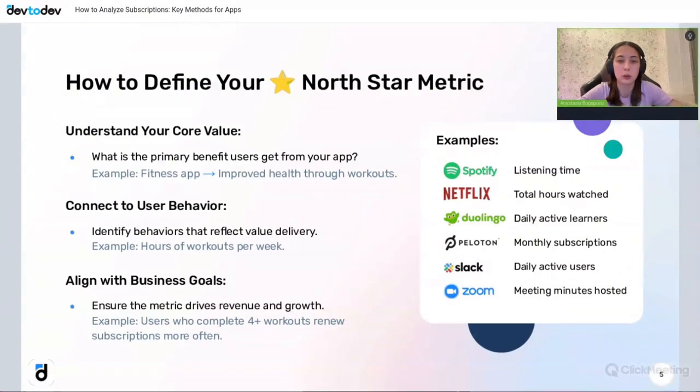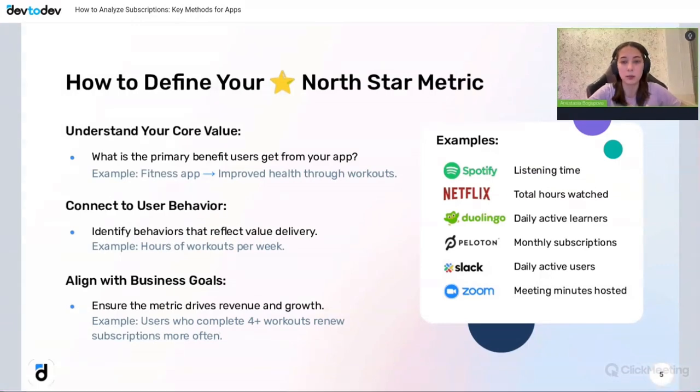Choose the metric that reflects your user success and your product value, as satisfied users are more likely to stay subscribed. The second step is aligning it with your business goals. If data shows that users who complete, for example, 4 workouts a week are twice as likely to renew their subscription, then track workout hours.